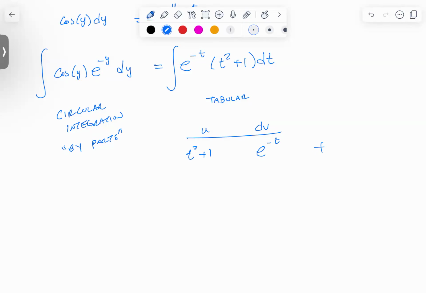I take a derivative a bunch of times: 2t, 0. And then integrate it. The signs flip back and forth: you start with positive, then negative, positive, negative.